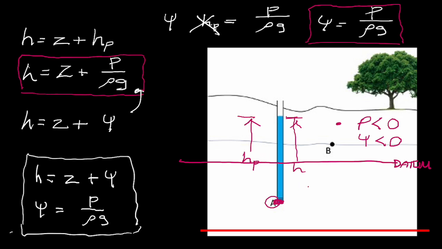So in this case, Z, the elevation of point A relative to datum, would be less than zero. That means it's below the datum. So if the point is on the datum, Z is 0. If the point is above the datum, Z is positive. If the point is below the datum, Z is negative.